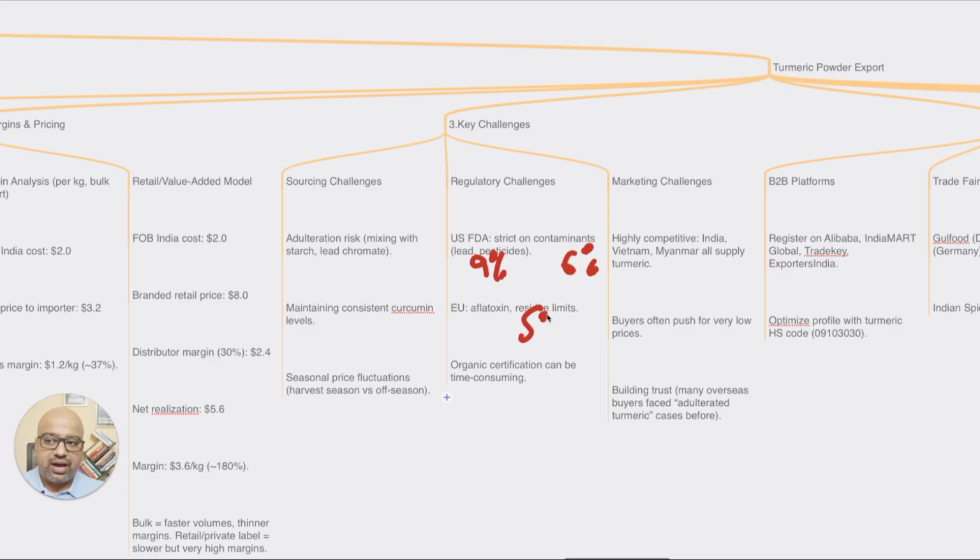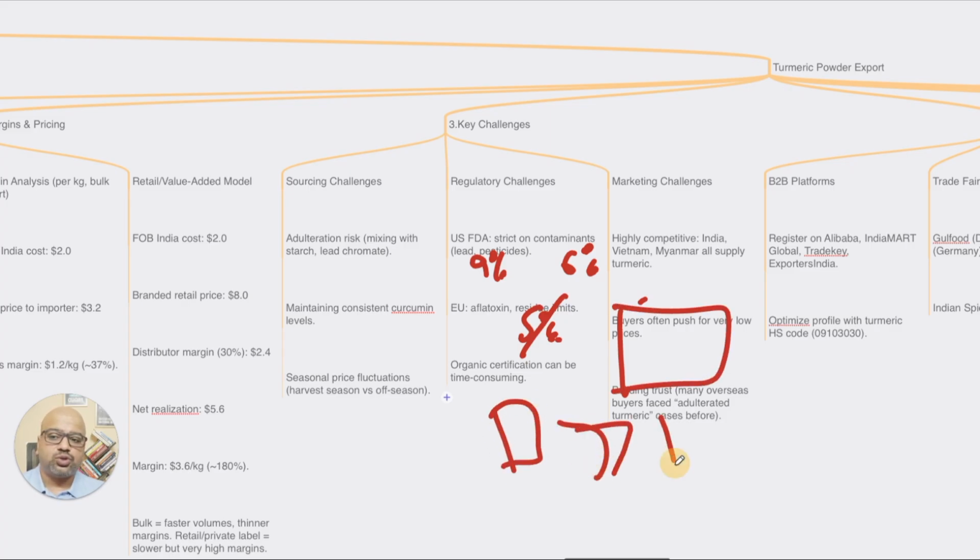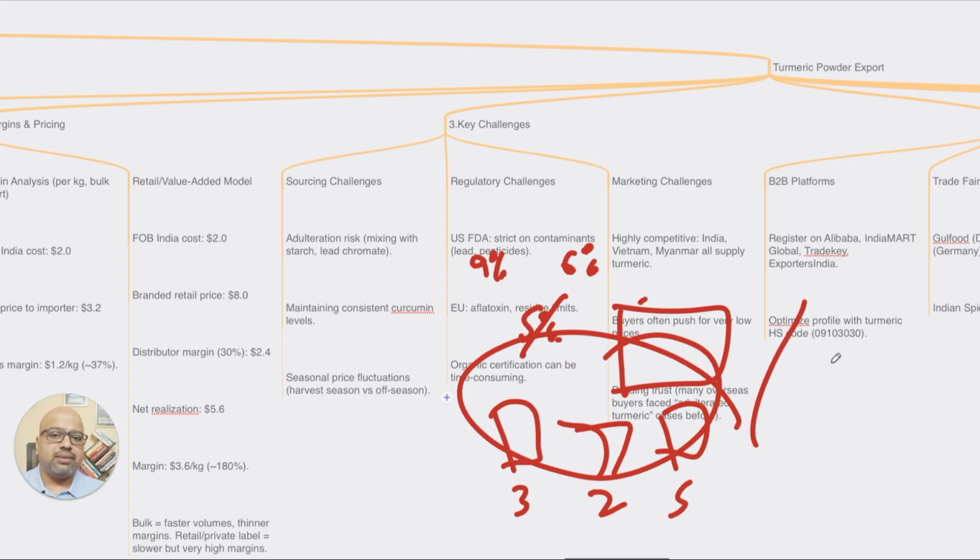Even if you get 5%, it's not from one single land. You purchase it in pieces from multiple sources. Maybe someone is at 2%, 3% curcumin, 2%, 5%. When you mix it all, it averages up to somewhere around 3.5. That is the biggest challenge that you need to solve.